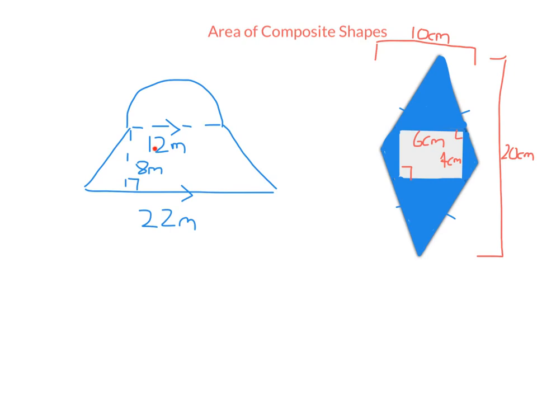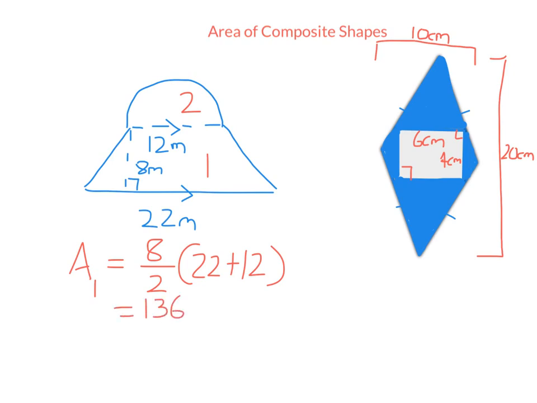Looking at this shape here, this is a trapezium plus a semicircle. I'm going to call the trapezium shape 1 and the semicircle shape 2. For the area of shape 1, the trapezium, remember the formula is perpendicular height divided by 2, and you times that by the sum of the 2 parallel sides. So we get 136 meters squared.